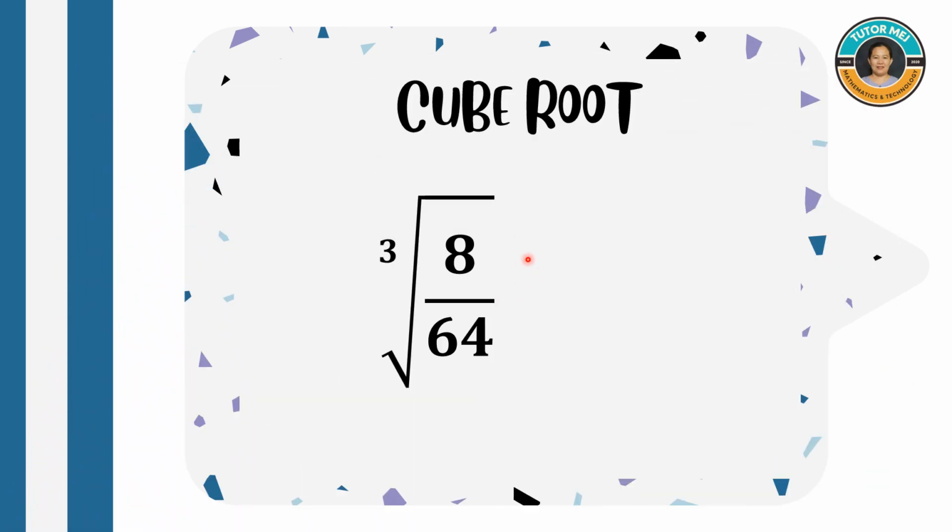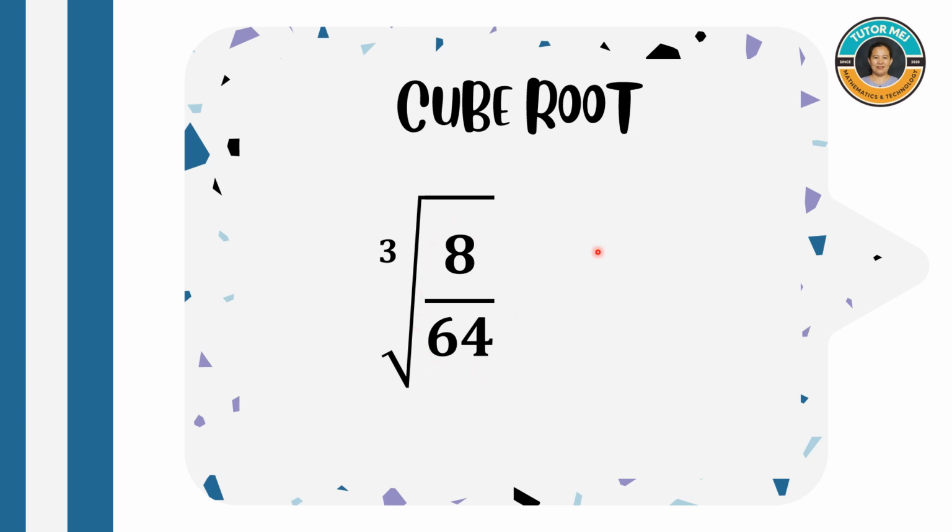Now, what is the cube root of 8 over 64? So remember that all you need to do here is to get the cube root of the numerator and then get the cube root of the denominator. If it cannot be extracted, then you have to put this first in its lowest form.